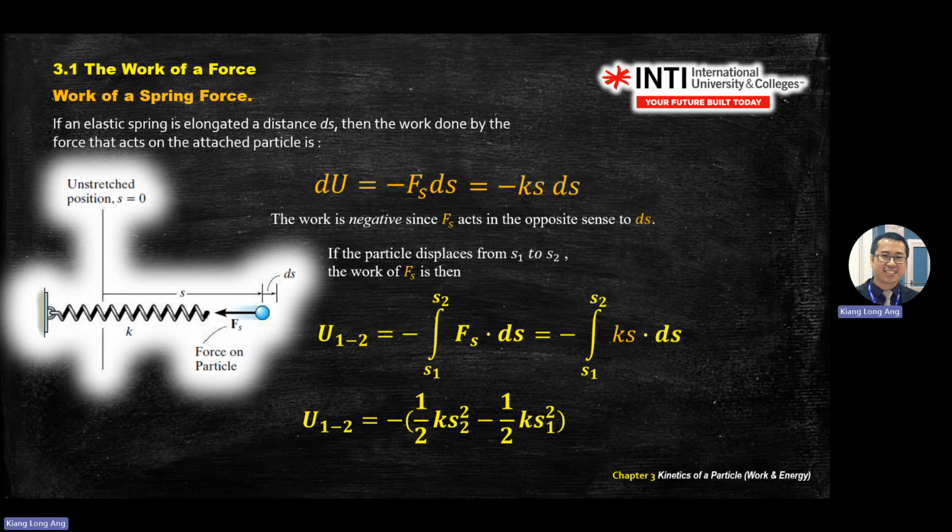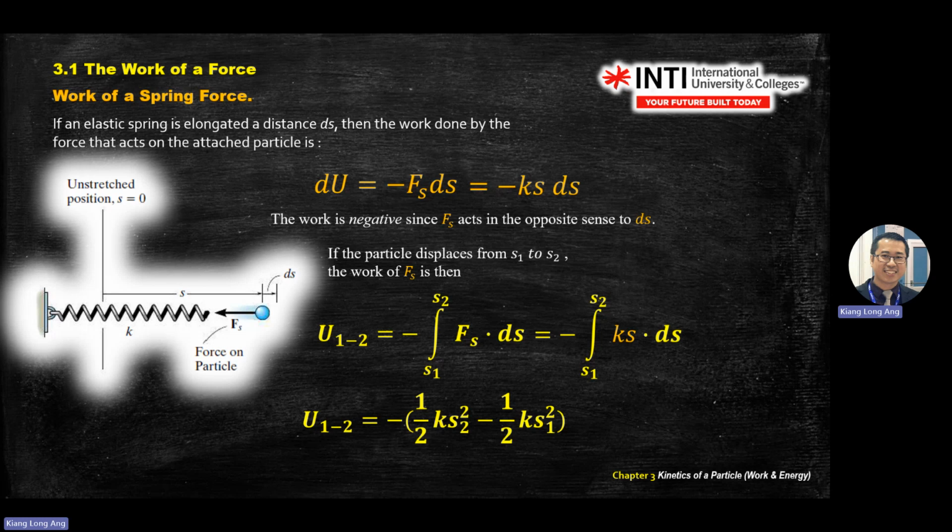So this is for spring. For chapter 3, what we have seen just now: first the normal force on the object. Second, we look at the weight effect on the energy or on the work, the W, the weight.